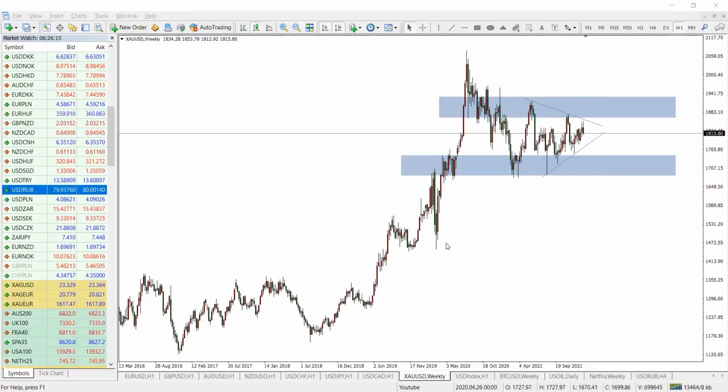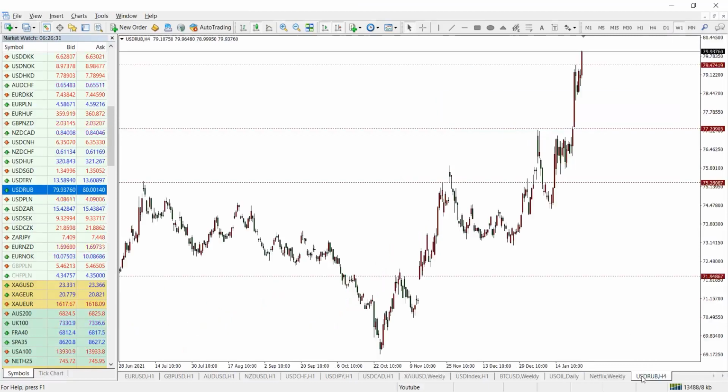Now, also with the geopolitical issues, the tensions that have been up and down with respect to Russia and Ukraine, you can see with the upcoming sanctions on Russia, Russia seems to be taking a little beating for now. And you can see from this 4 hours time frame what we've been having.